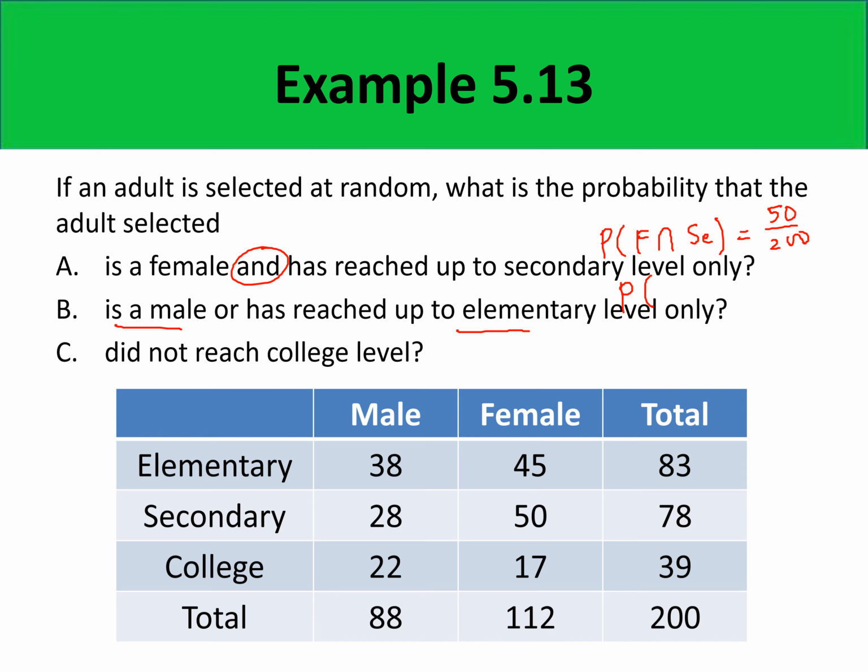So this means in symbols, we have P of M union E because of the keyword or.